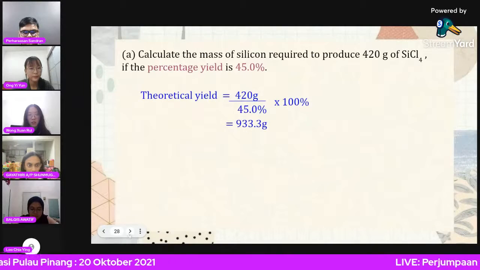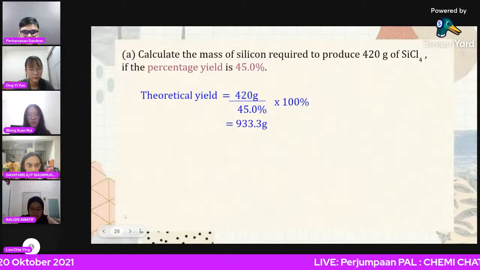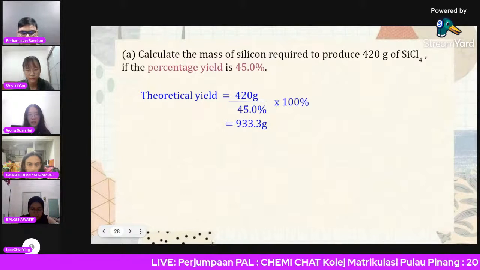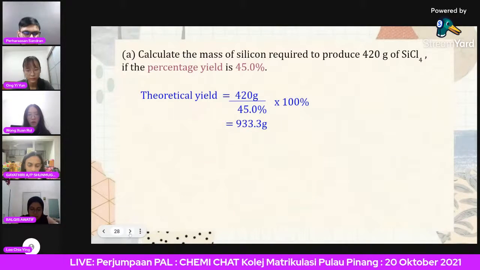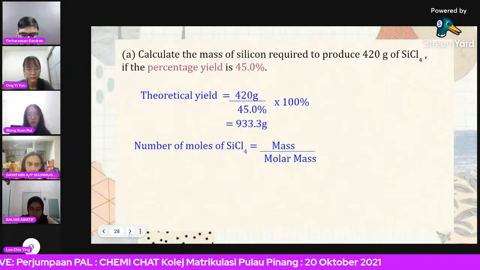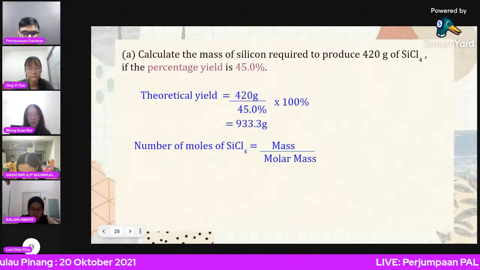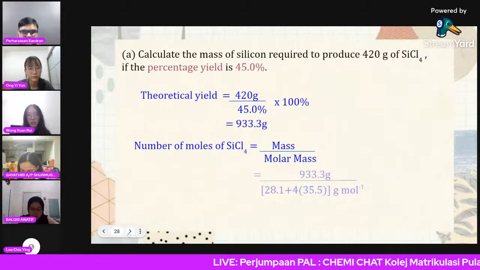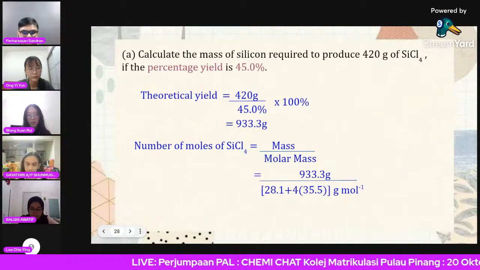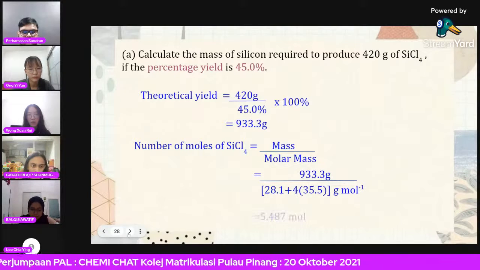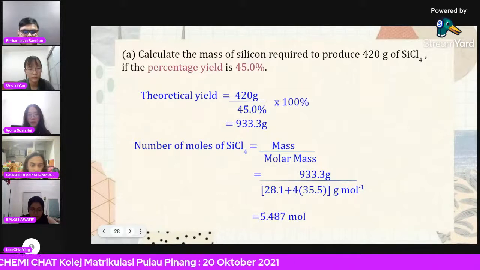Next, we arrange the equation and we can find out the theoretical yield, which is 933.3 grams. Next, we have to calculate the number of moles of silicon tetrachloride by using the formula mass divided by molar mass. The mass, which is 933.3 grams, divided by the molar mass of silicon tetrachloride, hence the number of moles is 5.487 mole.